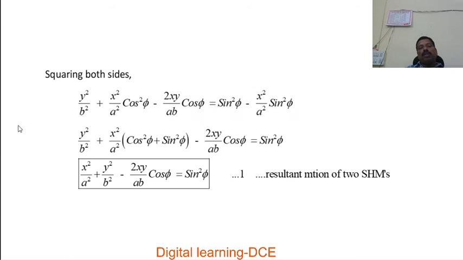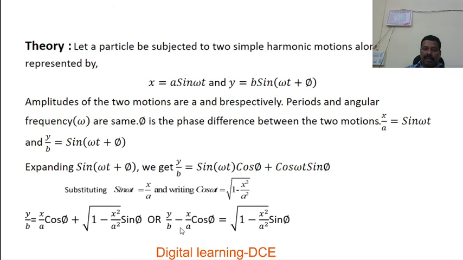If we simplify this, we get the expression: y squared by b squared plus x squared by a squared cos squared φ minus 2xy by ab cos φ. If you observe this LHS, it is in the form of (a minus b) whole squared, which expands to a squared plus b squared minus 2ab.